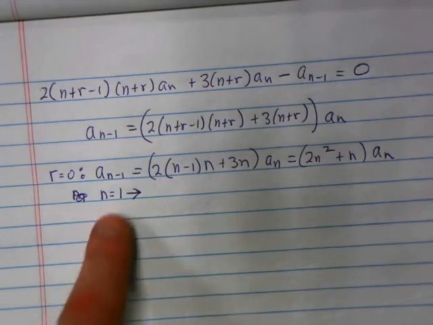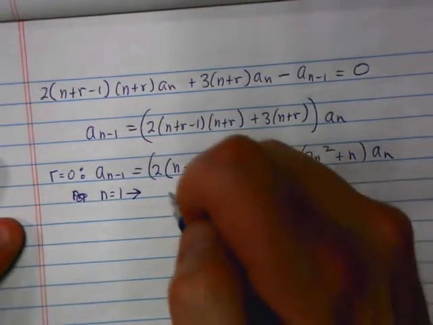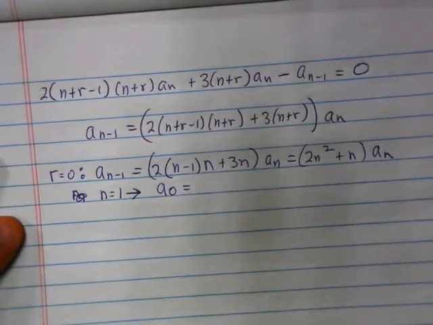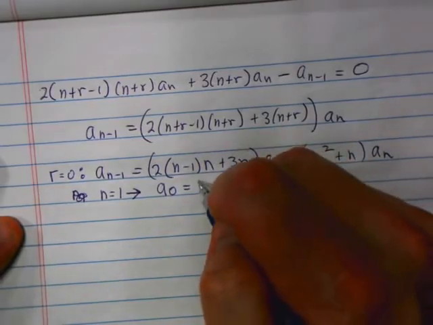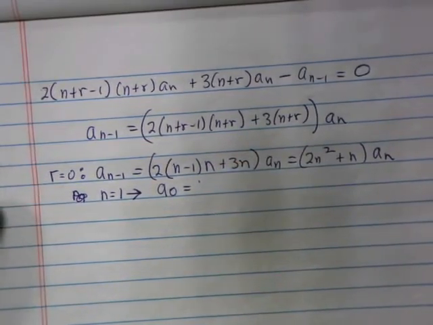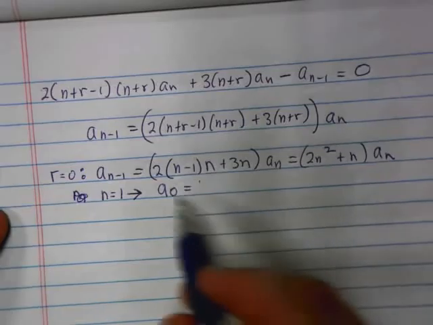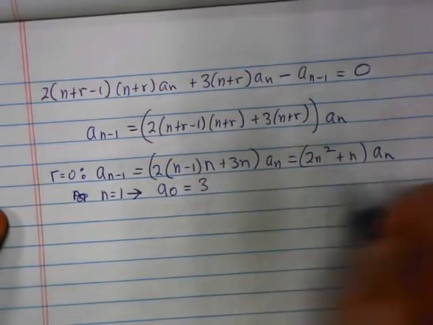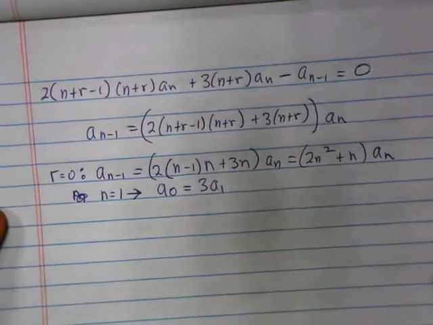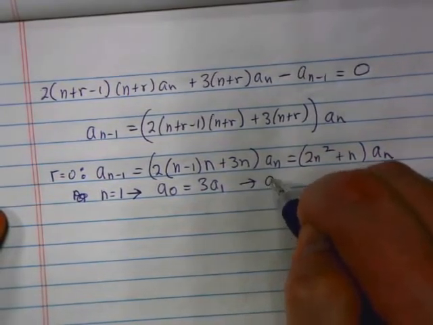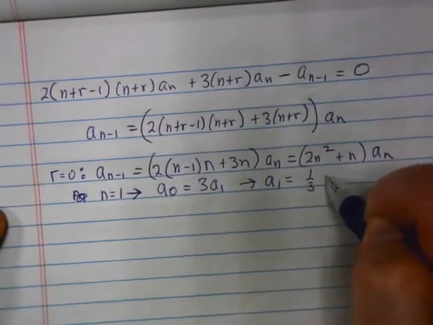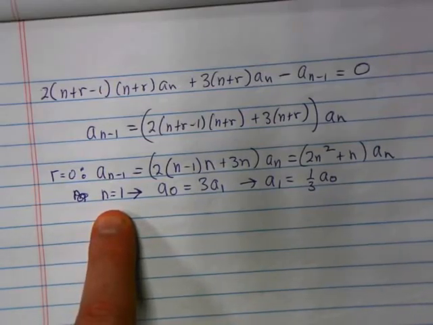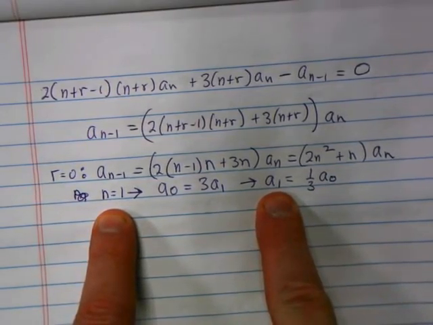So what happens when n equals 1? I get a sub 0 is, no, I want it to be an n this time because it's going to work out nicely. If n equals 1, a sub 0 is 3 a sub 1, which means a sub 1 is 1/3 a0. So this time, see how nicely it works? When I plug in n equals 1, I actually get the a sub 1.